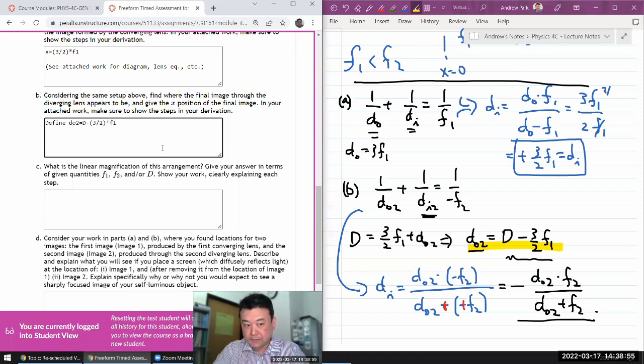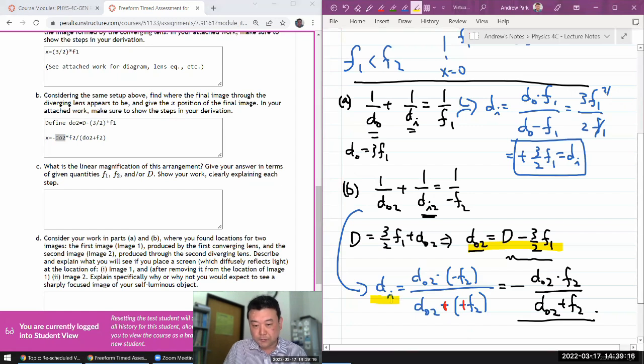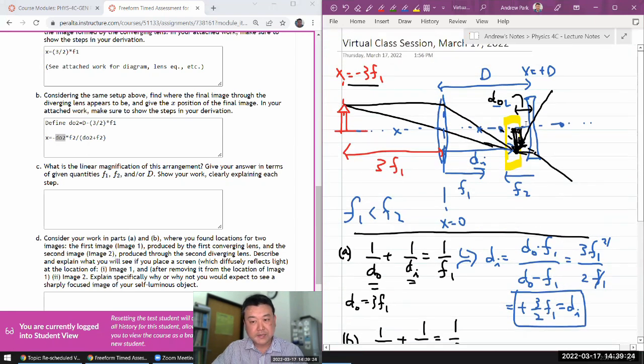Now, if you have said X is equal to minus DO2 times F2 over DO2 plus F2, that would be wrong partly, not because the work here is wrong, not because you're using DO2, but because you're putting in the image distance for what should be the X position. So I need to go back up and figure out, given this image distance, what is my X position?